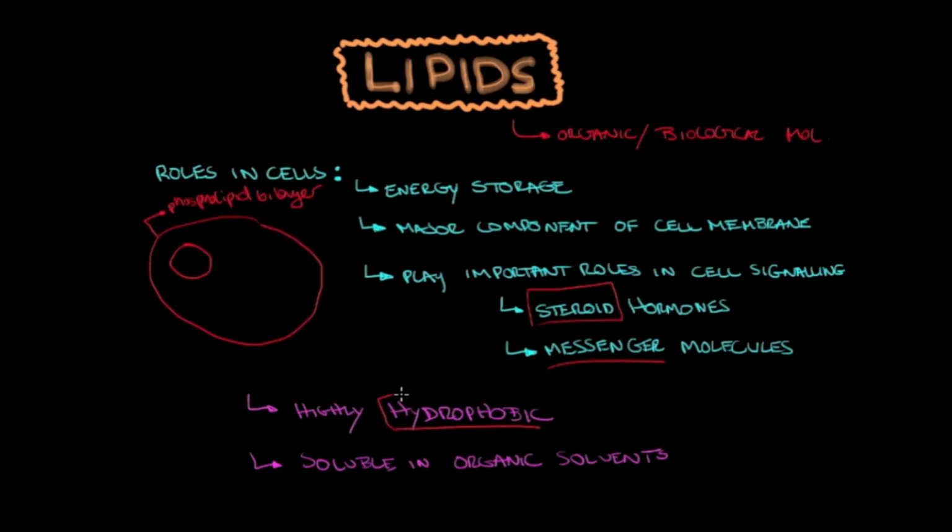Two last things I want to say about lipids on this slide is that they're highly hydrophobic. You probably know the definition of hydrophobic. Hydrophobic means that it doesn't like water. That is to say, lipids do not interact with water molecules well. This is basic chemistry, but water is a great solvent. And why is it a great solvent? Because it has a positive side and a negative side. So it's quite polar and it's able to interact with other polar molecules. But lipids have a very different structure. They're comprised of long chains of carbons, which make them nonpolar.